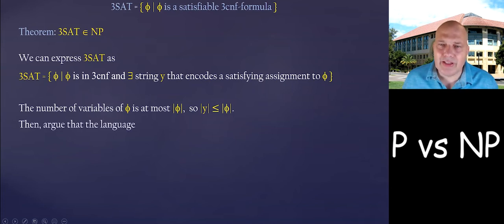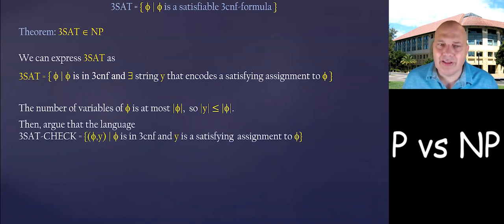So specifically, if we look at this language, 3SAT check or verify, which are all pairs of formula phi and y, where phi is a 3CNF and y is a satisfying assignment, this is in P. Namely, you can, in polynomial time, verify given a formula that it is 3CNF, and then that y, which is also supplied in the input, is a satisfying assignment.